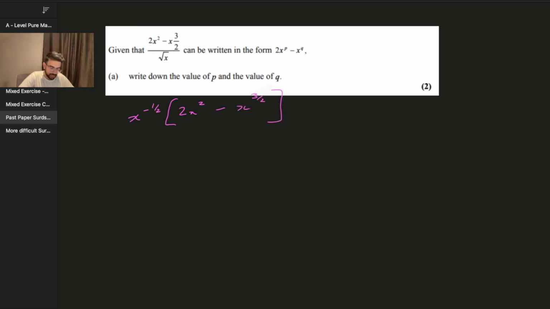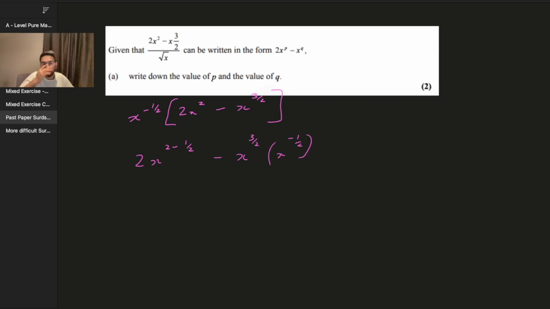Okay, we're going to write it out like this, and now I'm going to expand it. So remember, I add and subtract the power, so it's going to be 2 minus a half minus x to the 3 over 2, and this is multiplied by x to the minus a half.